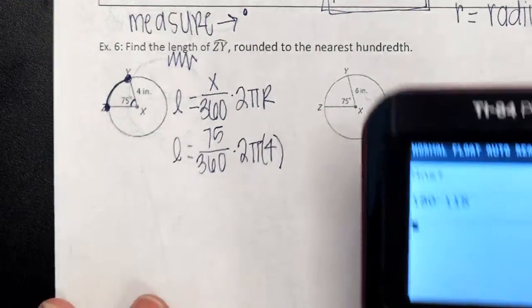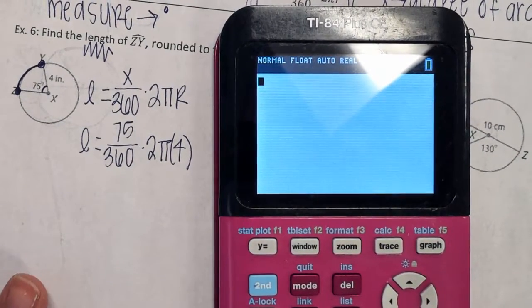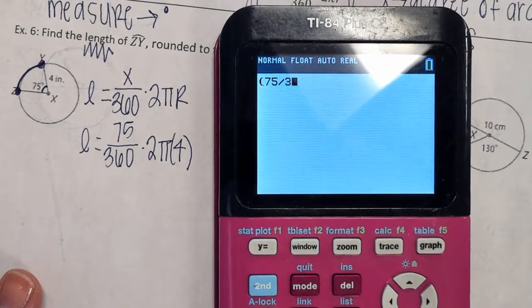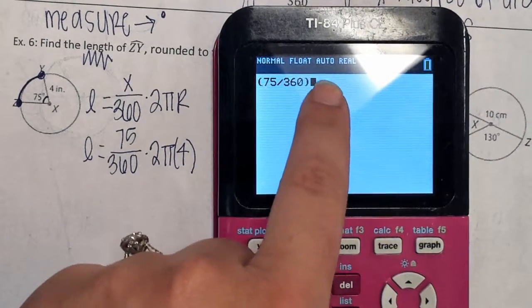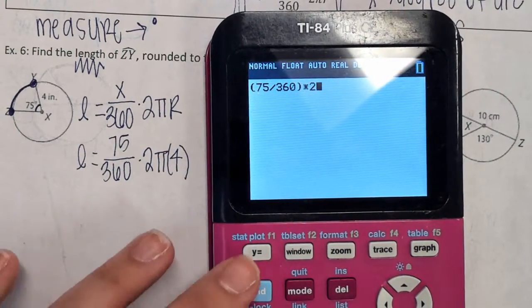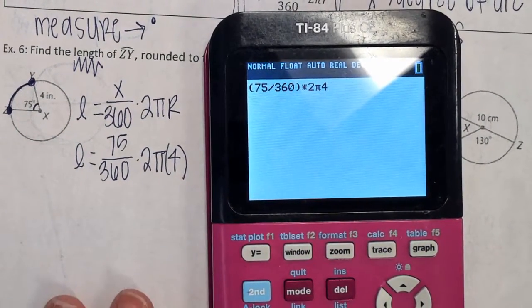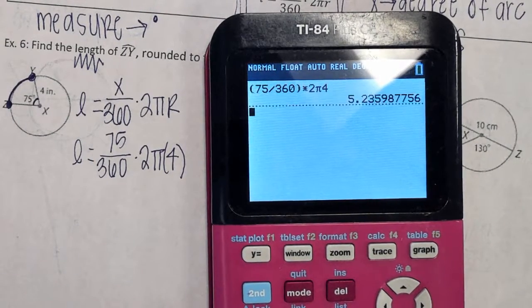So you need to plug that whole thing in your calculator. It's very important that you put parentheses around 75 divided by 360, and close the parenthesis. It should look like this. Did you get that?